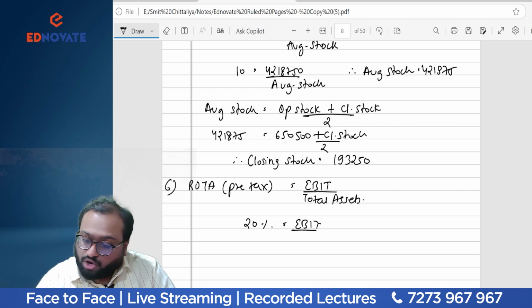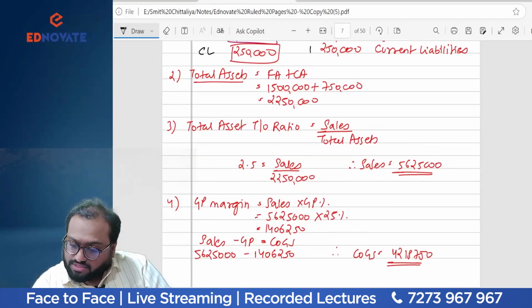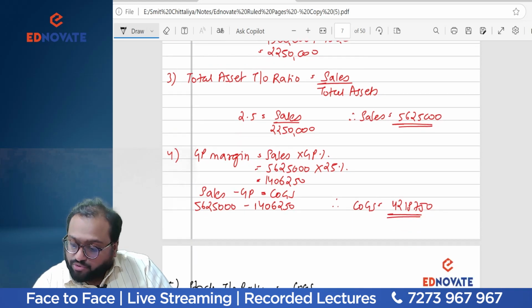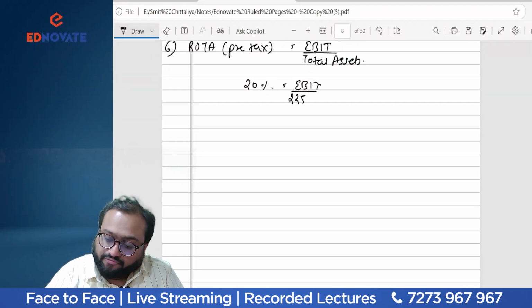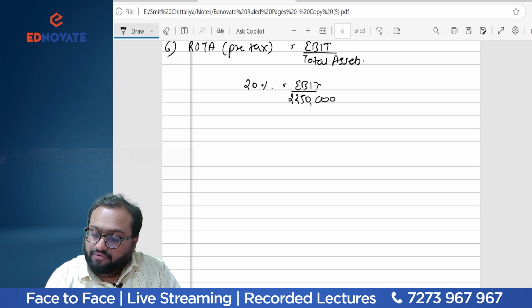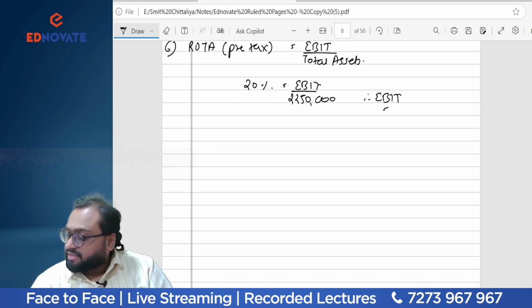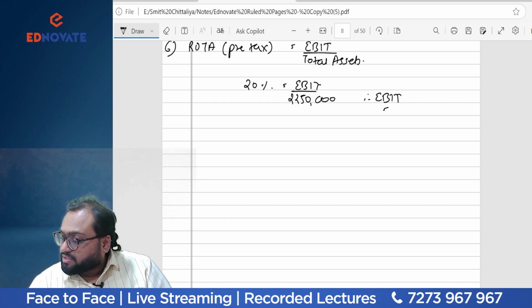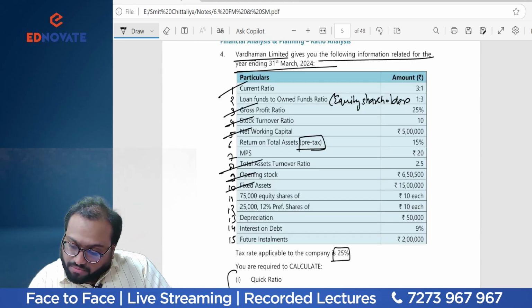Your total assets are how much? We have calculated total assets. Yes, we have total assets of 22 lakh 50,000. So we'll write down over here 22 lakh 50,000. Therefore, the EBIT will be 22 lakh 50,000 into 0.2, which will be your 15%.